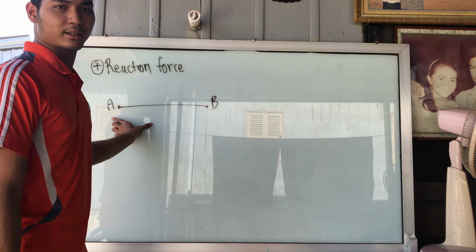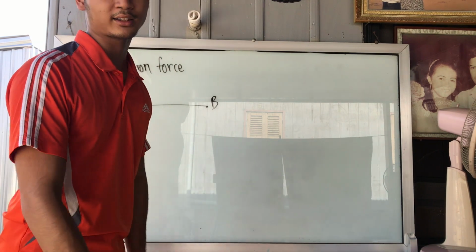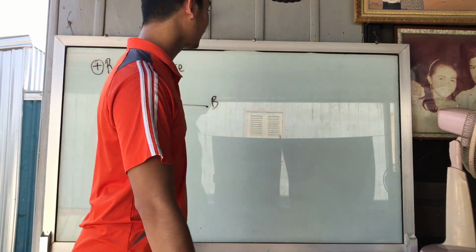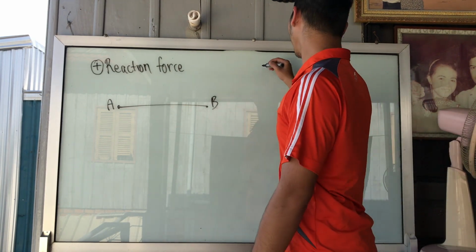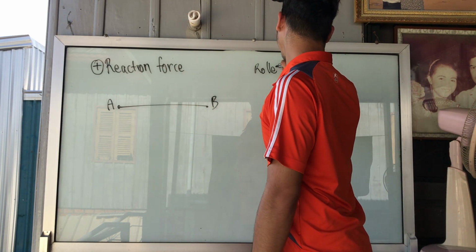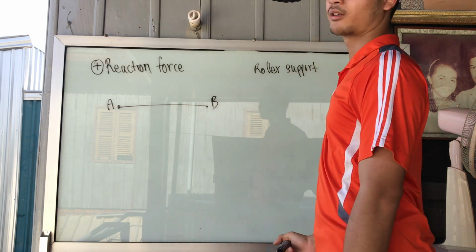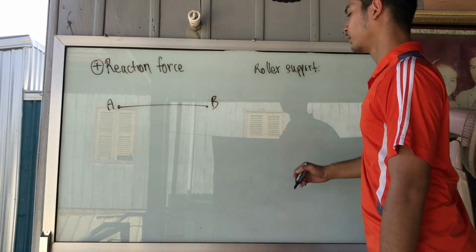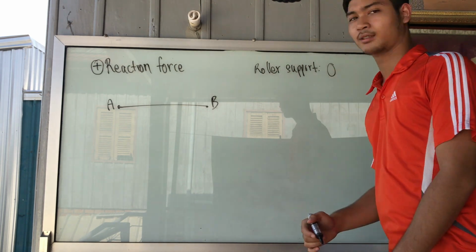Before we find the reaction force, let me introduce you to the types of support. The first type of support is called the roller. Roller support. It's a notation just like this.